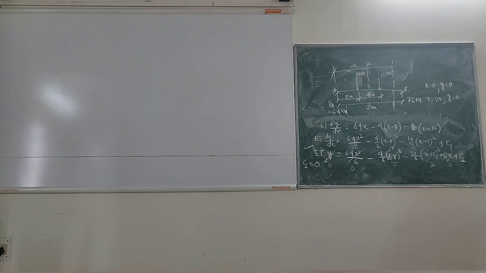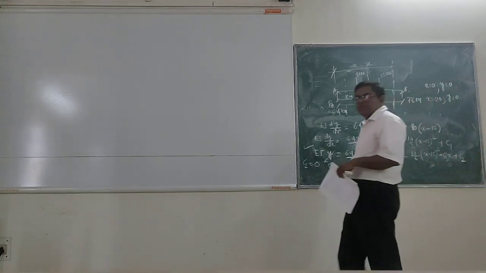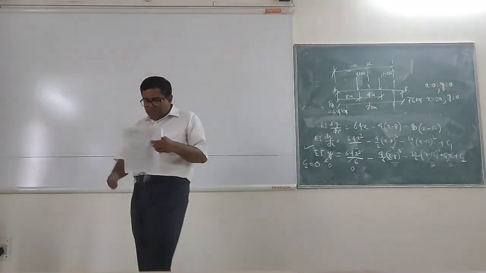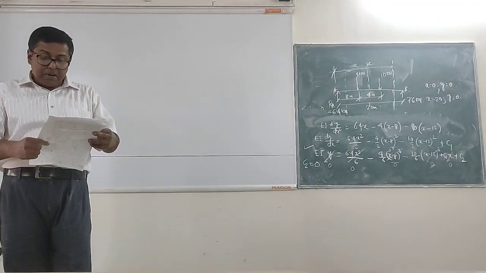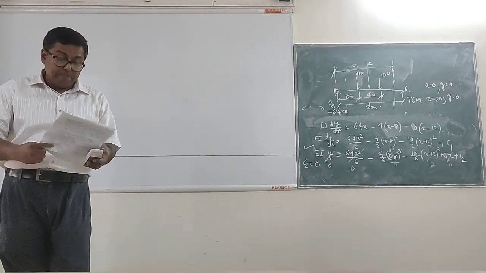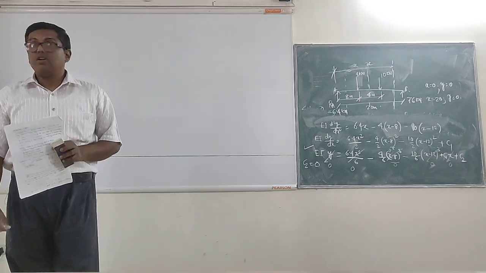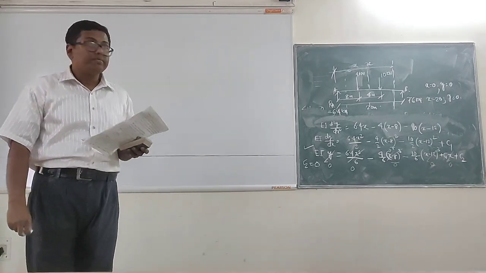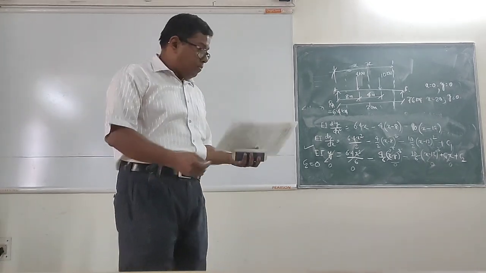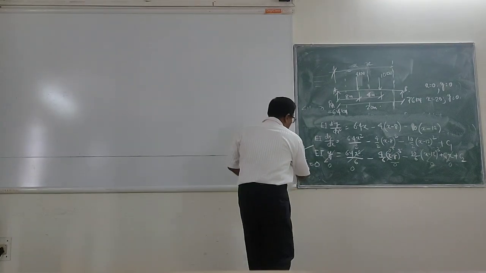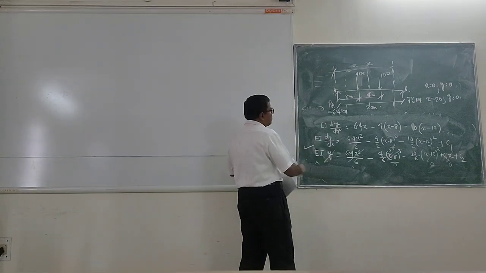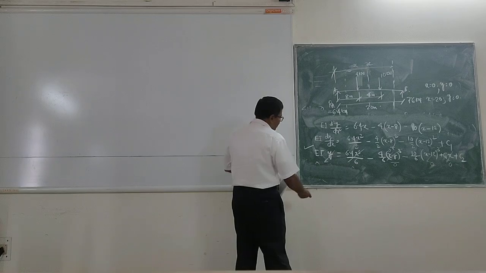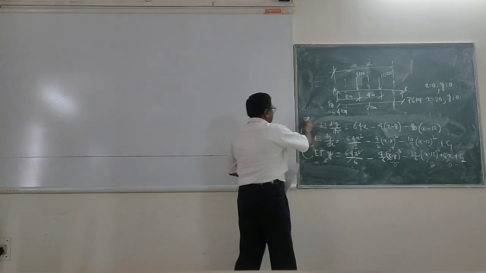Now the next condition, if I go. It looks a little bit difficult, but you will have to evaluate. Because the next condition, what does it say? I should write it over here, then it will be a little bit clearer.